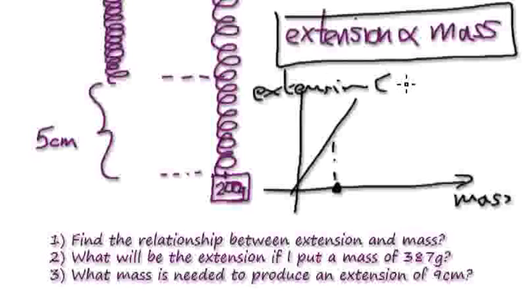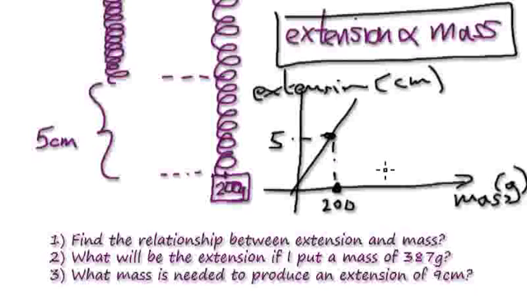Extension is in centimeters, and mass here will be, let's say, in grams. So when you're at the 200 mark here, it will have an extension of 5 centimeters. It's going to be a straight line, so it's a matter of finding out the gradient.